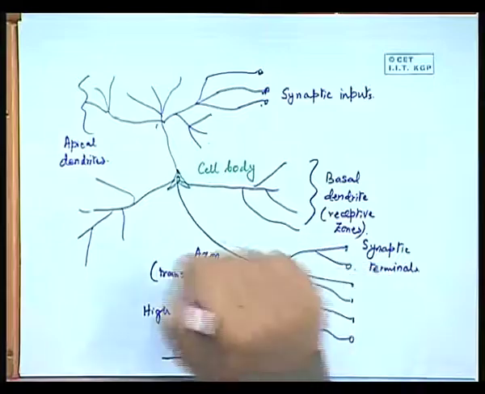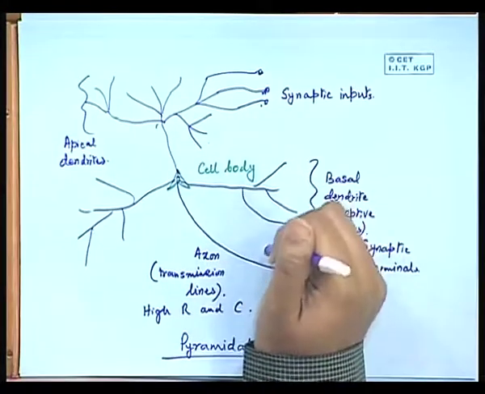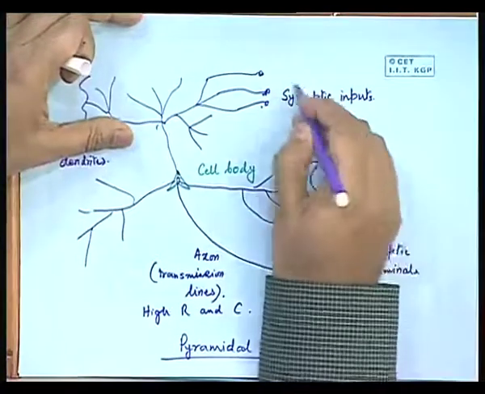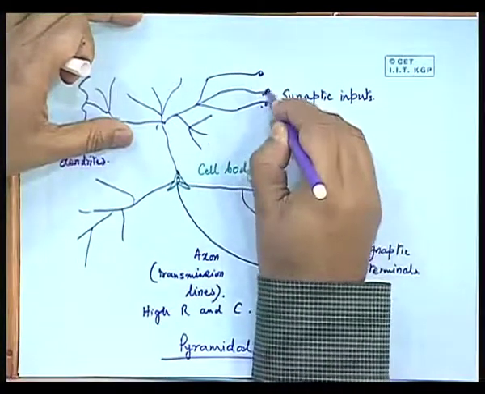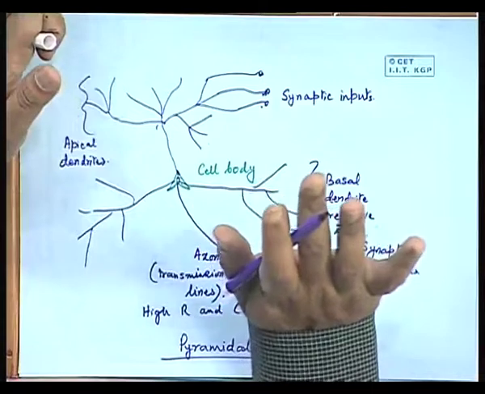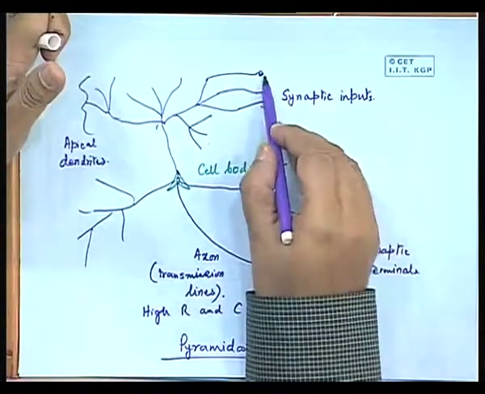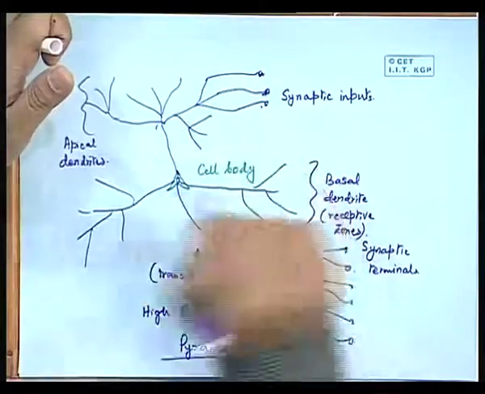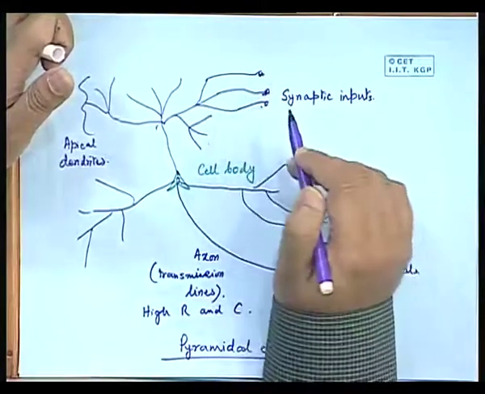Now, as I was referring to the free parameters sometime back, the free parameter essentially refers to the strengths of these synapses. As I was telling you, every input is associated with some synaptic strength, its connection strength.